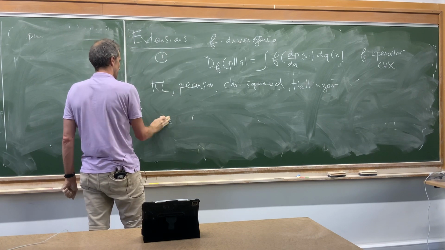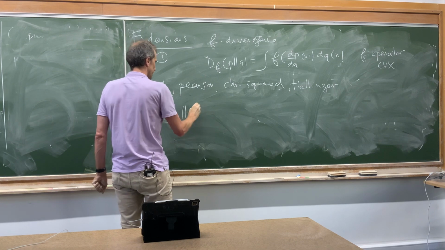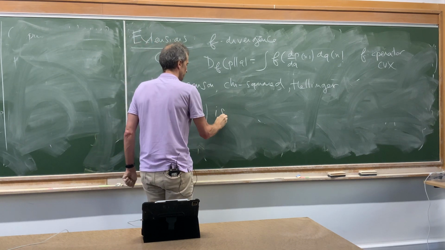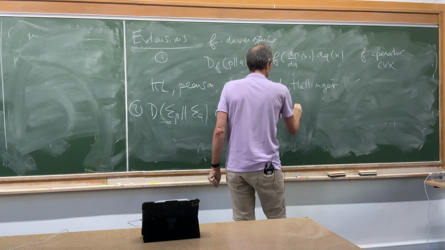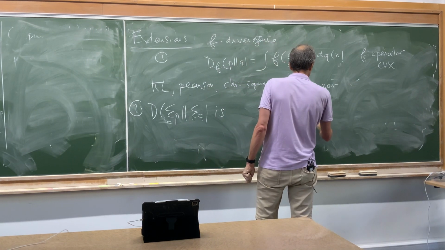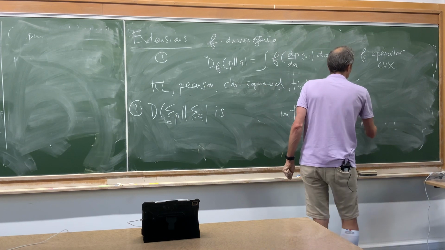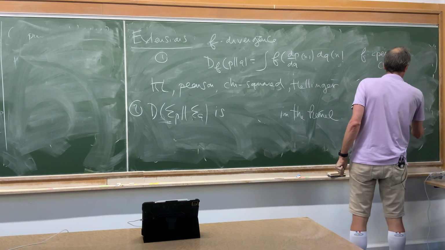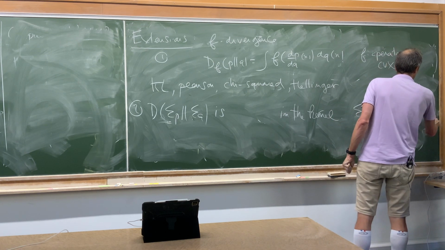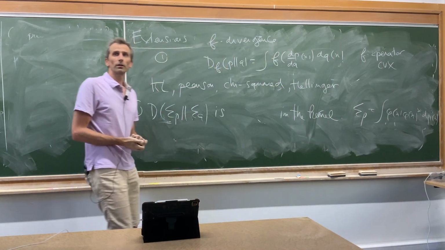Second, a fun property: D(Sigma_p, Sigma_q) is convex or concave in the kernel. One weakness here is that Sigma_p is the integral of phi of x transpose phi of x dp of x, so of course this depends a lot on the kernel.